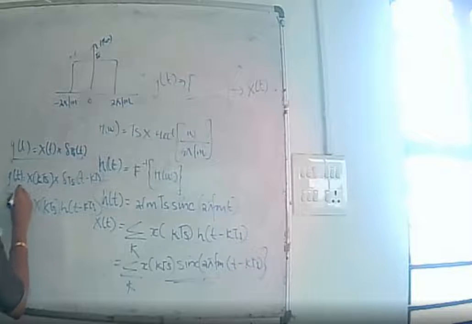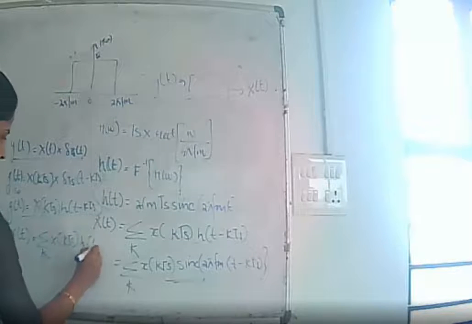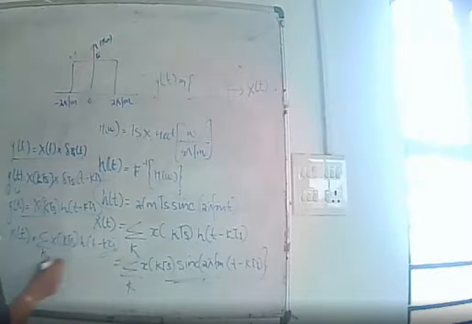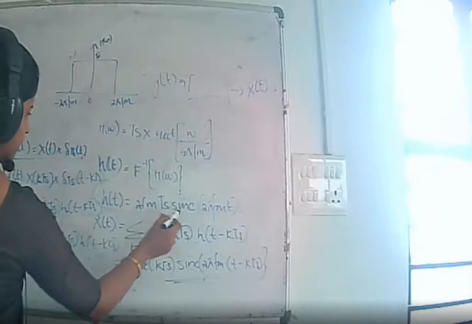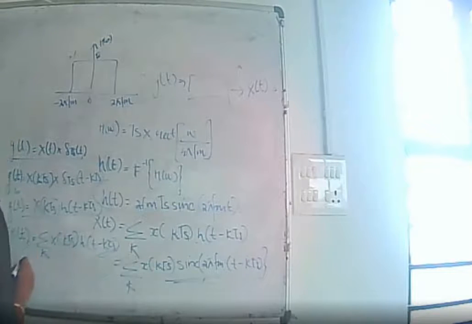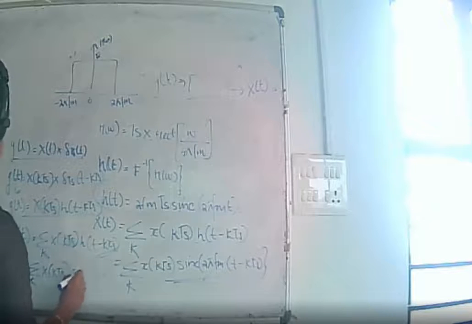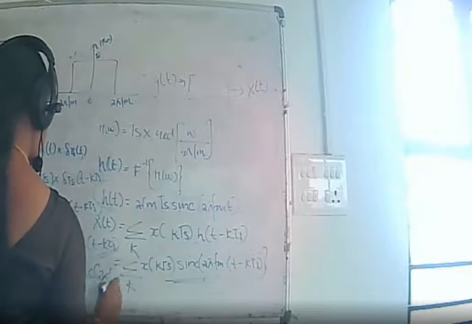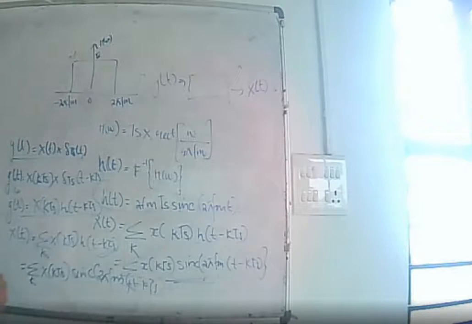To find the filter output, this is our expression. So x of t is nothing but summation k x of kTs into h of t minus kTs. See here, h of t is nothing but 2 fm Ts sinc of 2 pi fm t. So it is nothing but summation k x of kTs sinc of 2 pi fm into t minus kTs, either this way or this way. This is our interpolation formula or reconstruction formula.